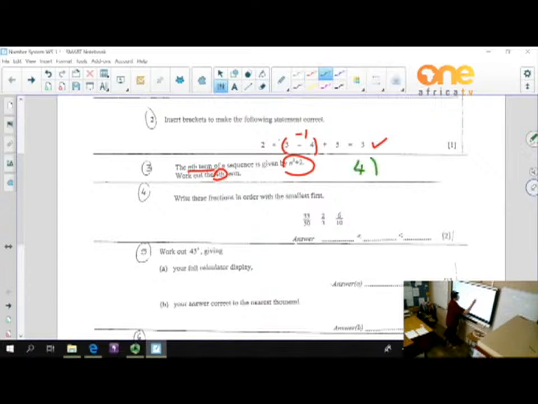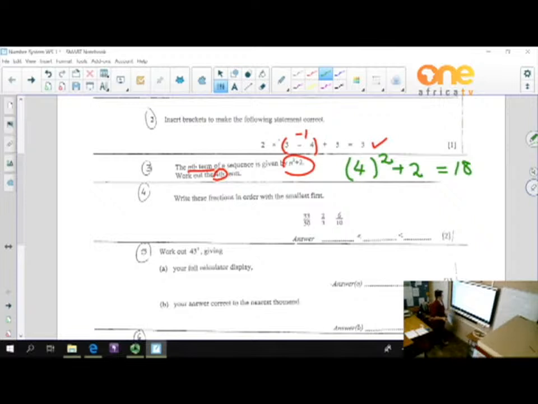So 4, it's important that you always substitute in brackets, 4 squared plus 2, and the answer is then 18. Use your calculators. On our calculators, we use brackets, 4, close the bracket, squared plus 2 is equal to. Make sure that you know how to use your calculators.